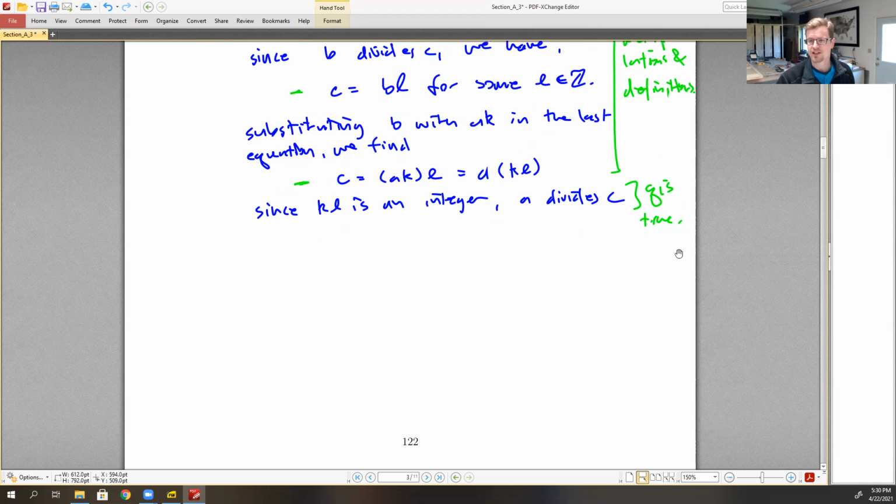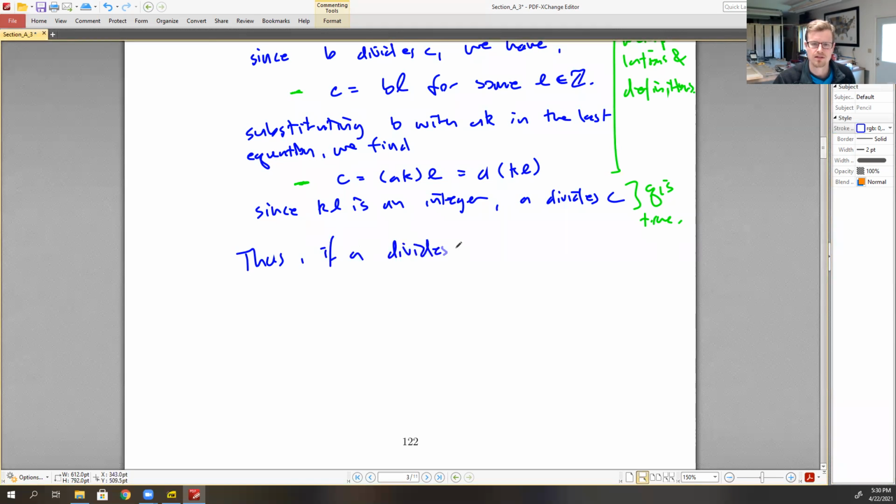So now that we have that Q is true, we can restate the implication as a truth. So we want to say, thus, if A divides B and B divides C, then A divides C. Of course, we want to indicate the end of our proof, so we draw our square and color it in.